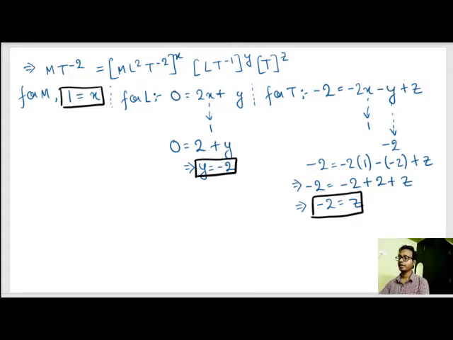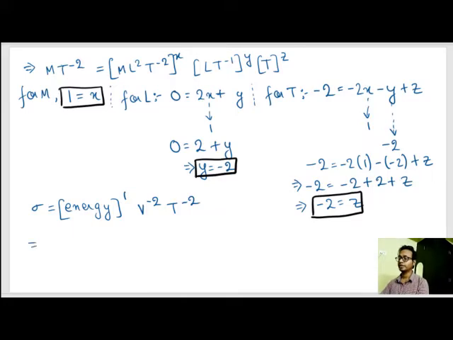Okay, now let's write this back in the formula. Sigma is equals to M L square T to the power minus 2, which was nothing but energy, or energy to the power x, which is equals to 1. Y was nothing but velocity to the power minus 2 and time to the power minus 2.